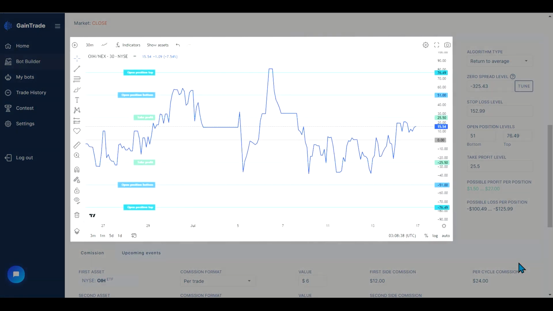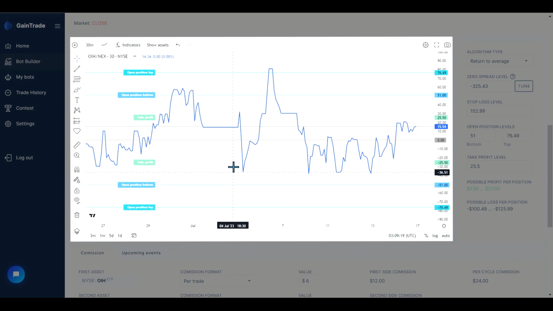The open position bottom tells you where the absolute spread is high enough for you to enter into a position. However, to mitigate risk, if the absolute spread is higher than the open position top level, there is a risk of a divergence, and therefore the bot will not open a position. Now you can see these two levels in blue on the chart.